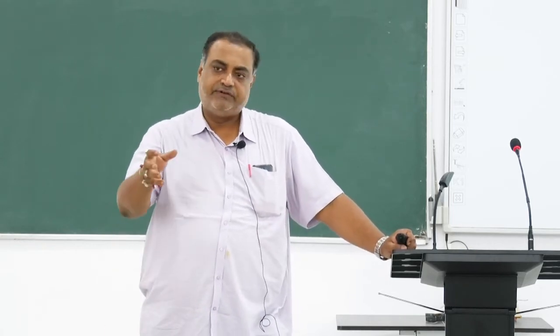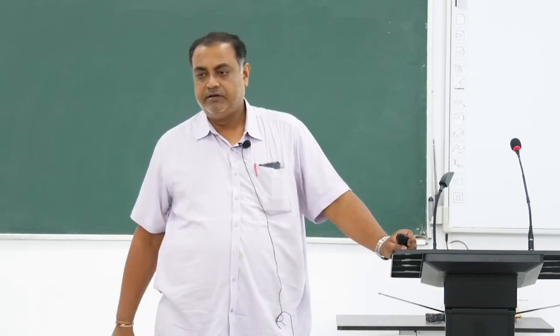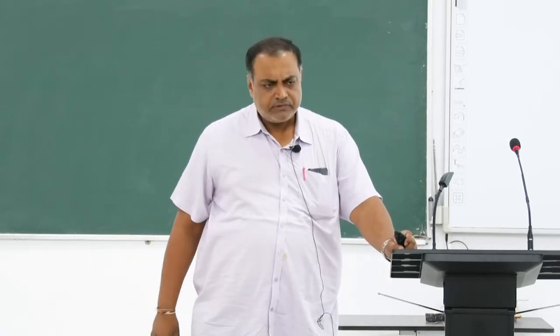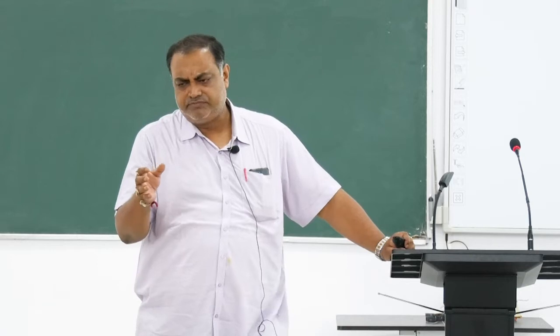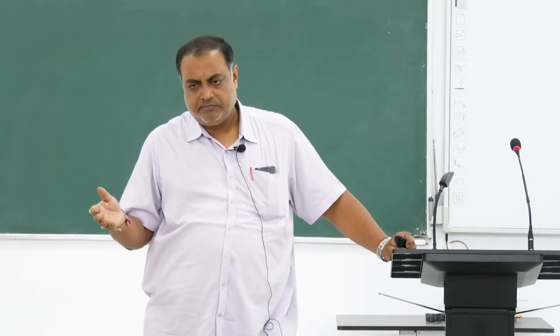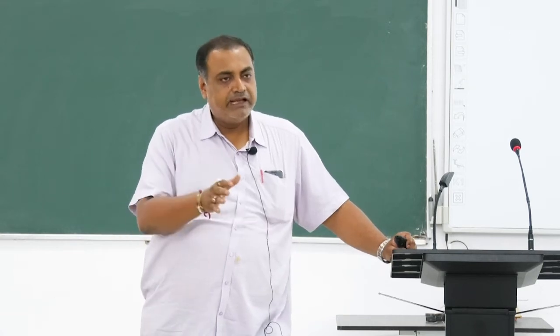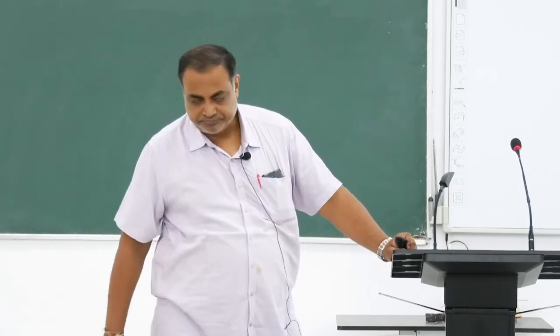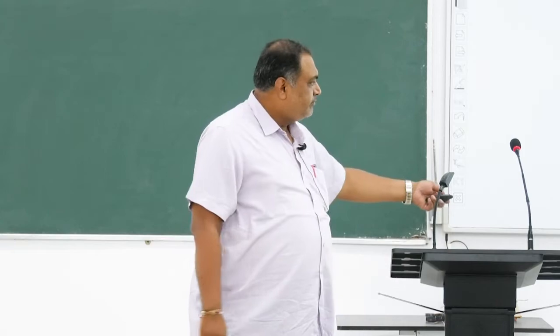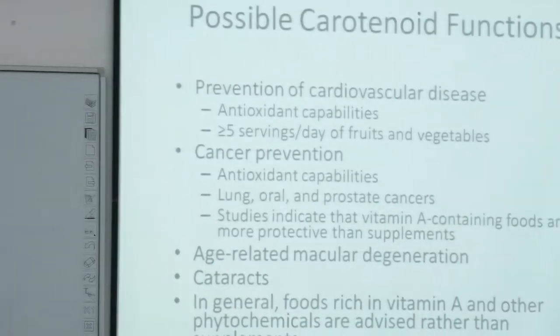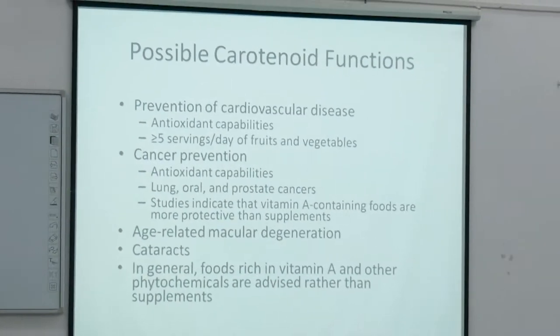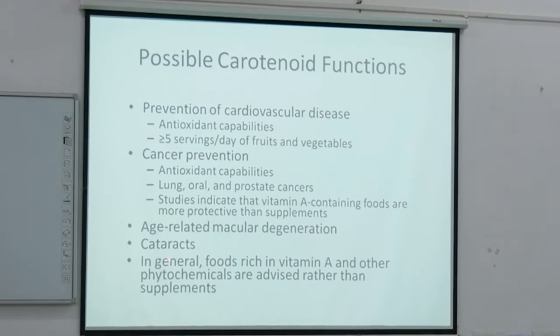So they suffer from this ARMD early. Usually it occurs at around 65 plus. But people who are suffering from all these ailments get it much before. So for them, this being an antioxidant, a very good antioxidant, is helpful.